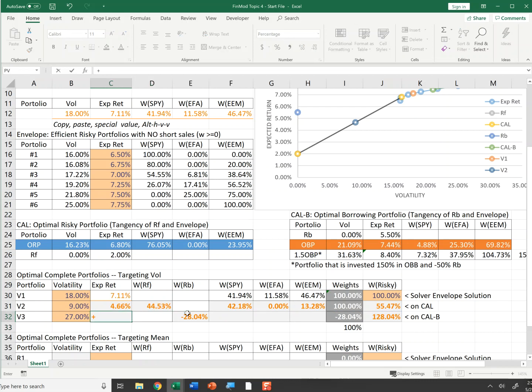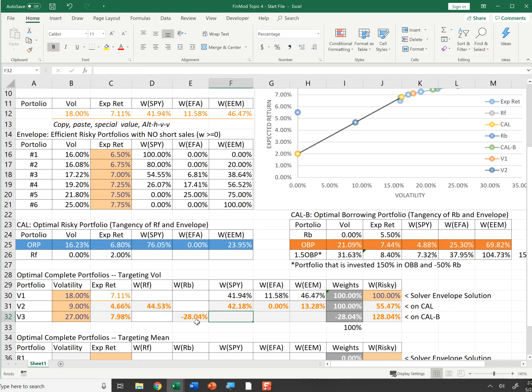That portfolio's return will give me 128% of the return of the optimal borrowing portfolio, plus the weight in the RB times RB. So that's going to be my financing charge. So that portfolio is going to give me a 7.98% return.